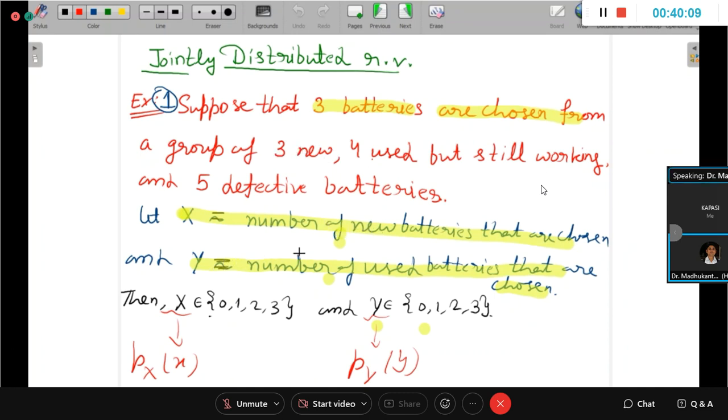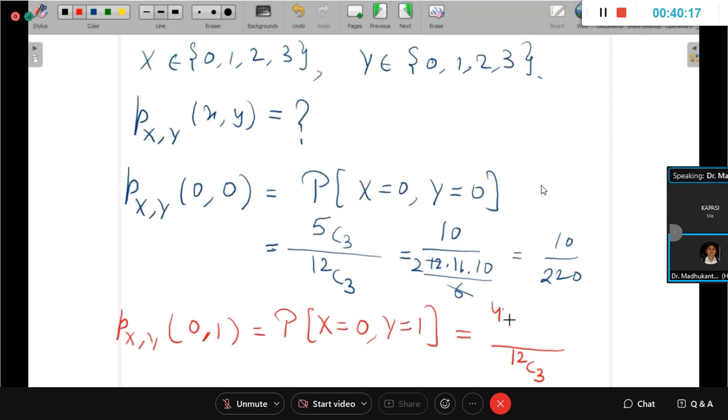One of the batteries comes from used, and the rest of them are from defective. So 4C1 into 5C2, that's going to be 10 into 4 is 40 divided by 220. This is the probability of this.